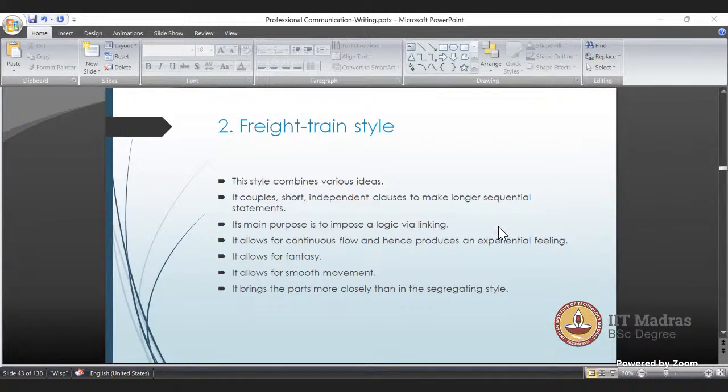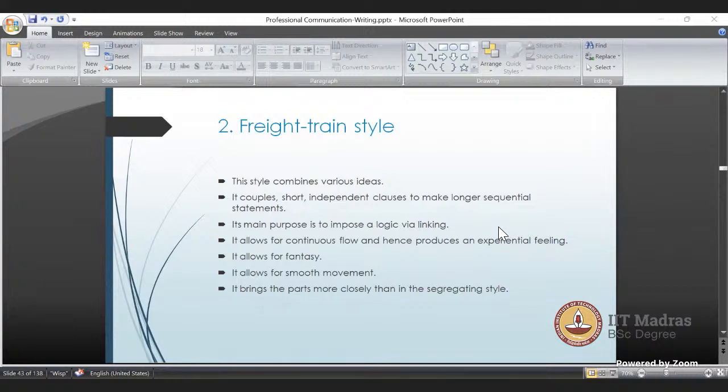All of them are going to be made use of in the punctuating style, whereas you won't see these things in the segregating style, because there's no space for doing this in segregation. It's just one idea, one subject, one predicate. There's very little room to do these things. Since in punctuating you can combine multiple ideas together, it makes space for long sentences and multiple ideas, and you can use linkers to impose the logic as well.